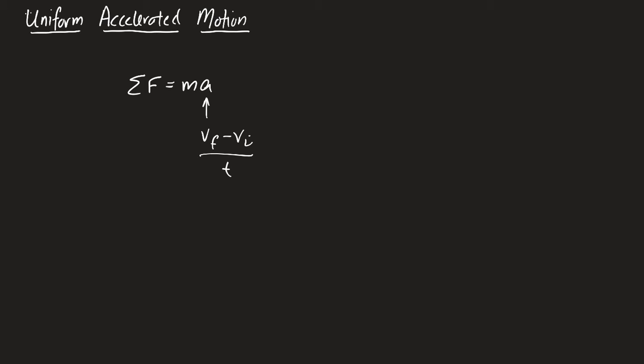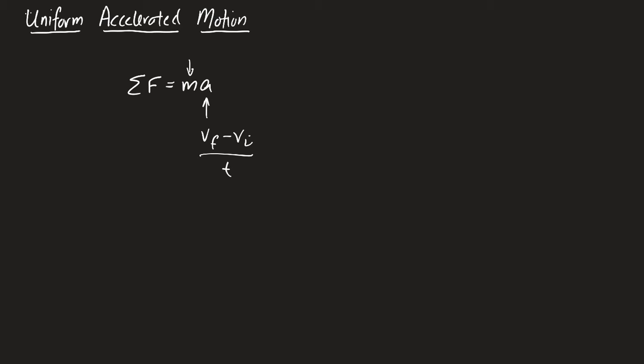So forces in the direction of motion help speed up an object, and forces against the direction of motion slow down that object. But how much its speed changes has been based on how much inertia the object has. And we've talked about changes in velocity by looking at changes in speed.